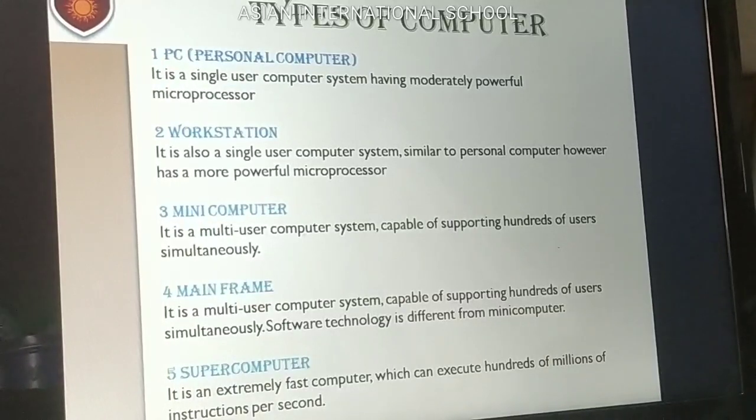Nowadays, in this generation, we have many types of computers and their uses. The first one is the personal computer. A personal computer, or PC, is a single-user computer system having a moderately powerful microprocessor.